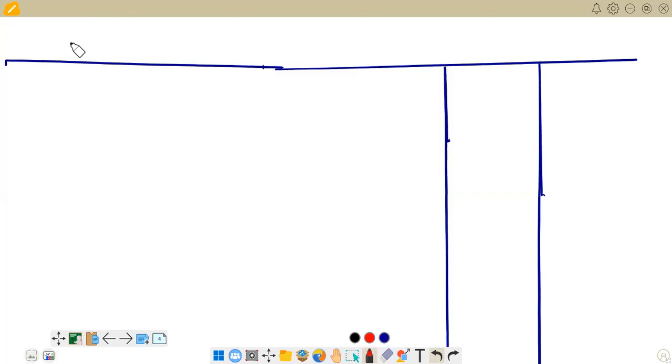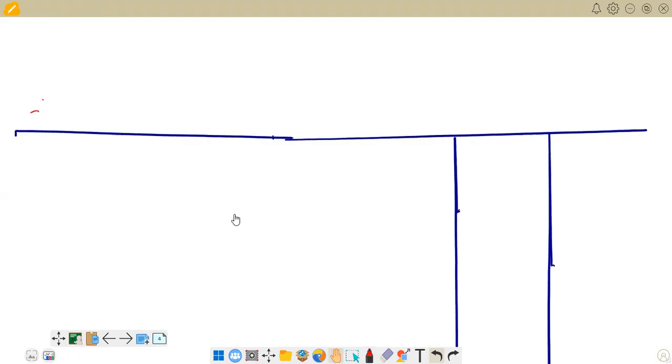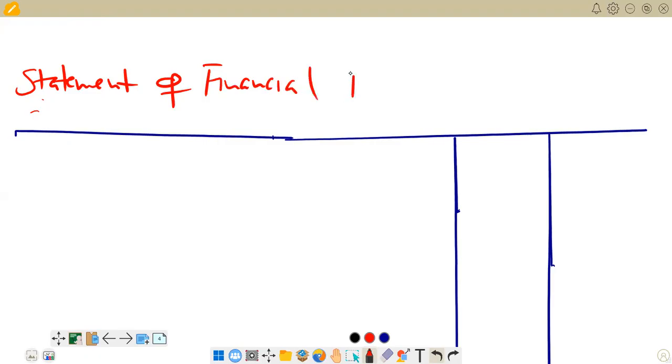So if you come here, it's a statement of financial position. Or we can call it balance sheet.